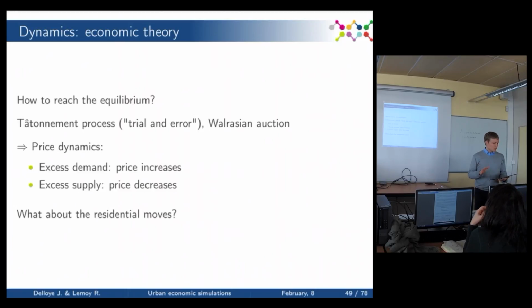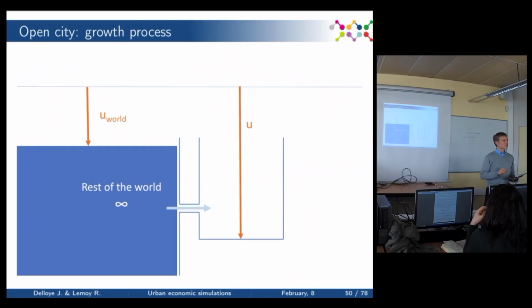The economic theory doesn't really tell you what happens for residential moves, but you can go back to the open city model, where you have a growth process. If you remember the slides I showed before, you have this empty bucket with a very high utility, and then the utility in the rest of the world is much lower, so people want to move into the city.